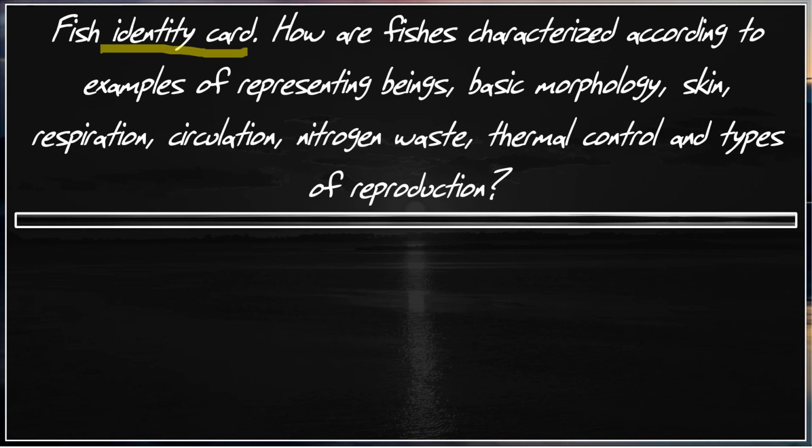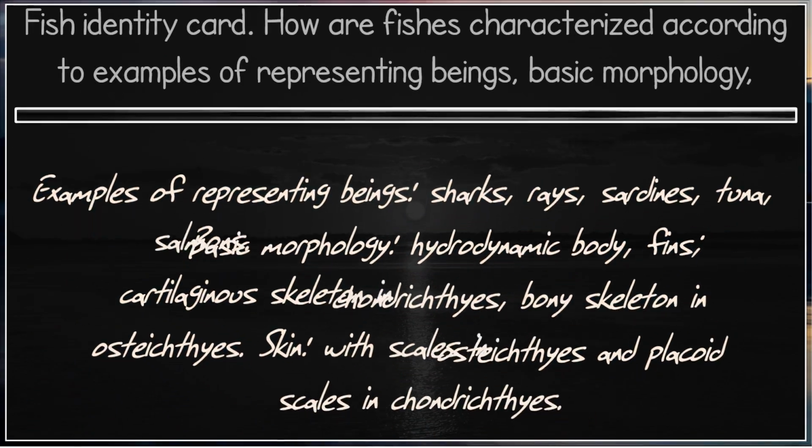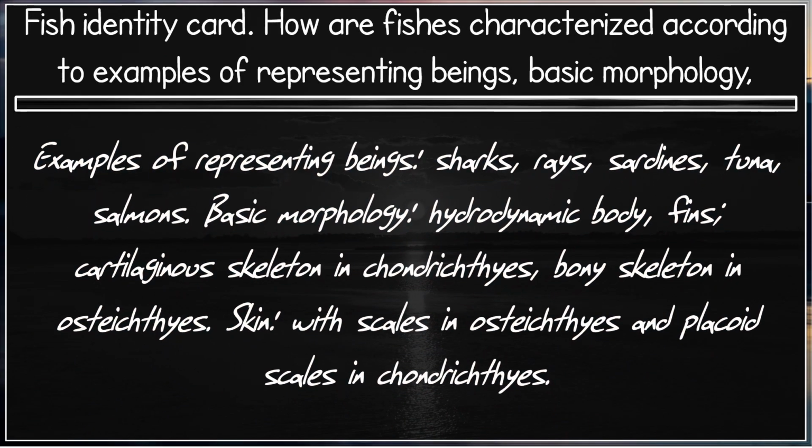Fish identity card. How are fish categorized according to examples of representing beings, basic morphology, skin, respiration, circulation, nitrogen waste, thermal control, and types of reproduction? Examples of representing beings: shark, ray, sardines, tuna, salmons.